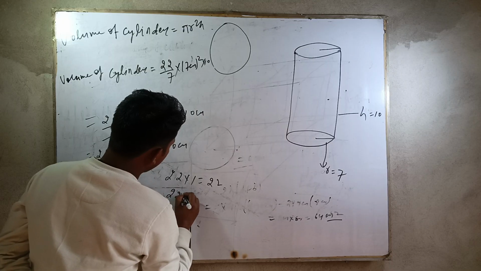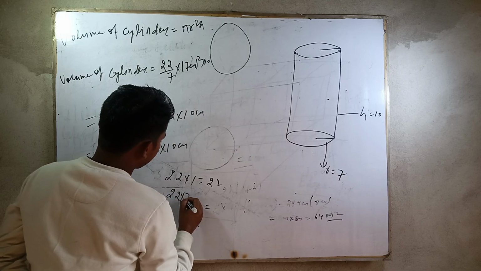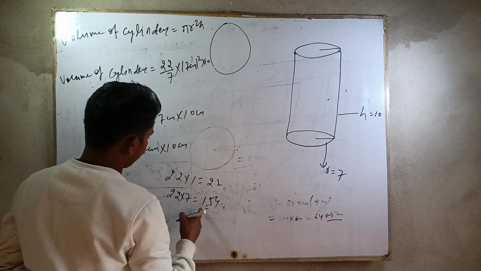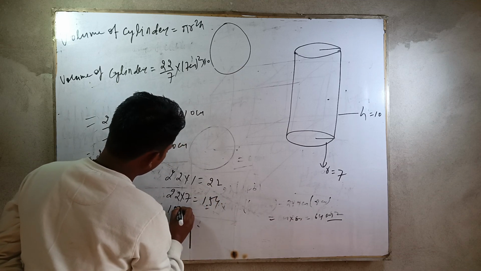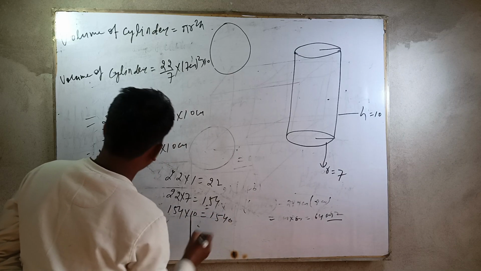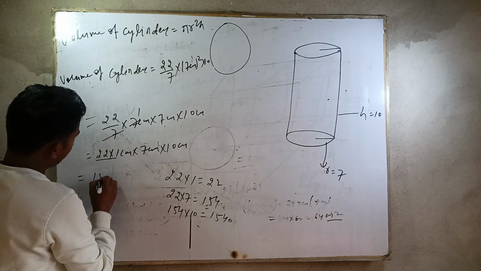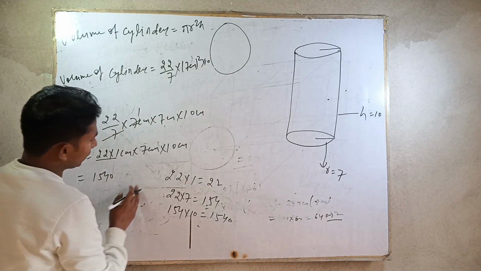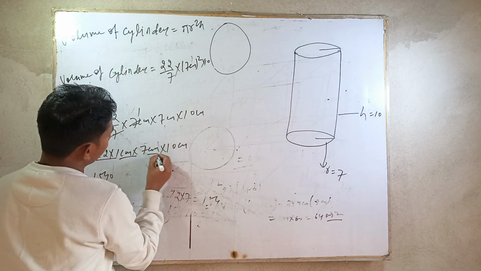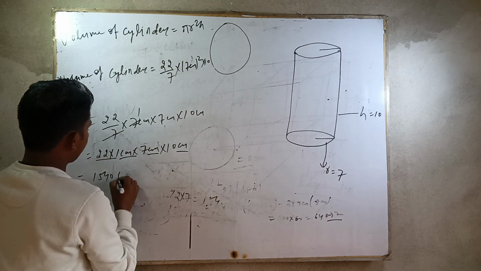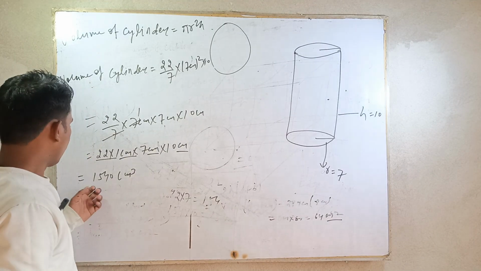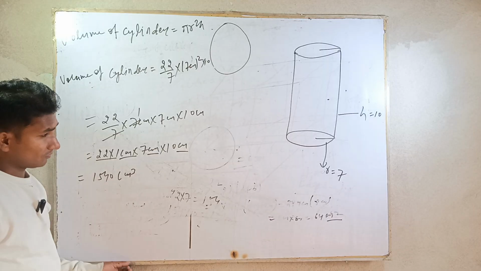Again 22 multiplied with 7 is 154 centimeter. 154 multiplied with 10 is 1540. So the unit is centimeter cube. Its volume of cylinder is 1540 centimeter cube.